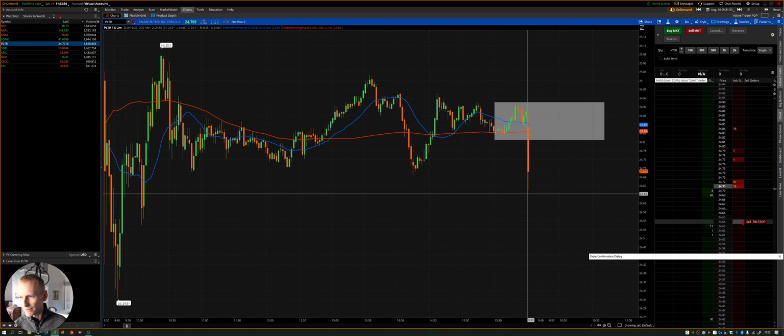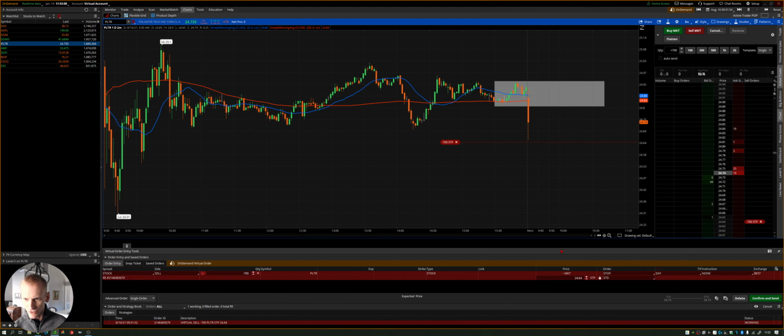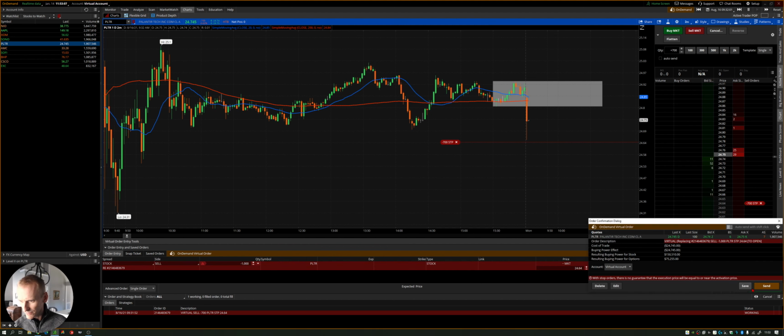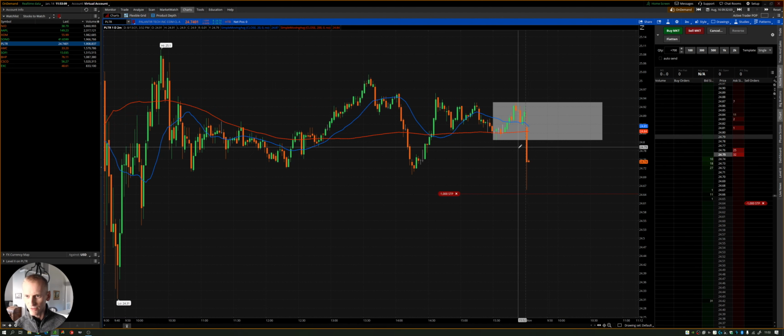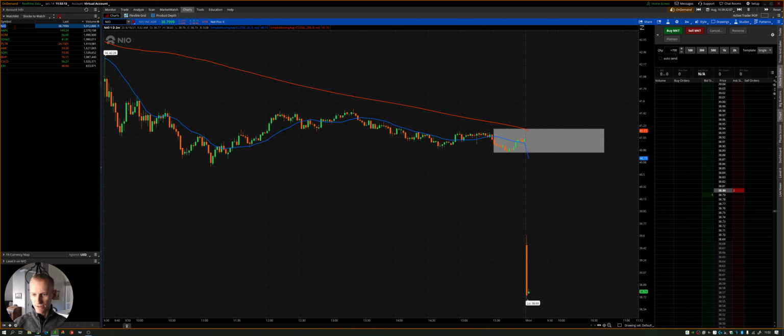Bulls are looking to buy it up here. Now I can adjust this, so I'm going to adjust this to a little bit more, about 1,000 shares. We're trying to get as close to $25,000 as possible. So if this comes down and breaks through this, we'll get entered. Let's come back and look at some of these other ones.